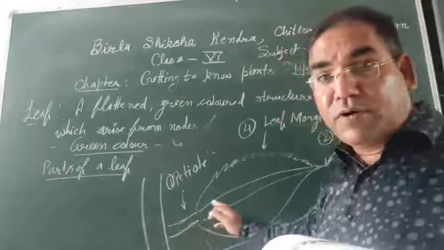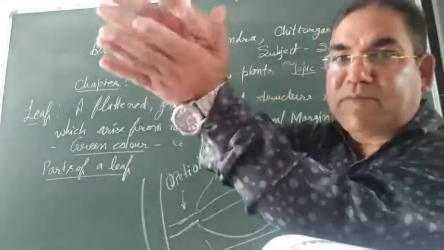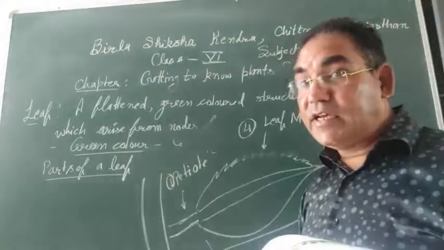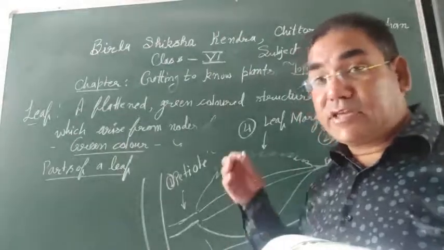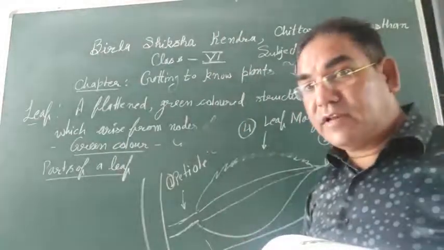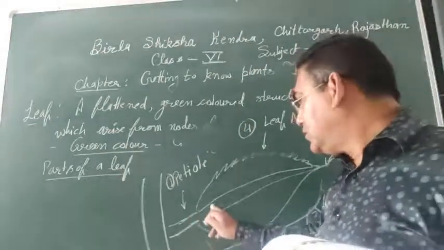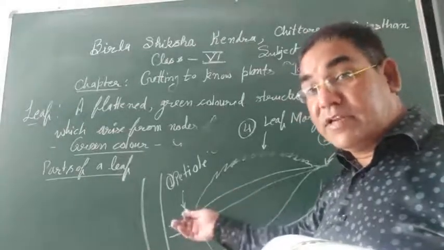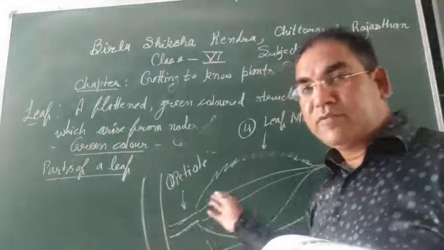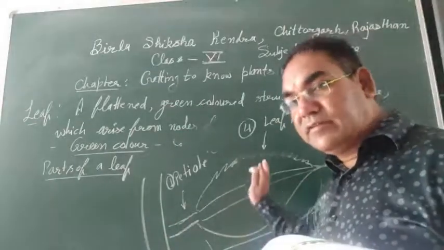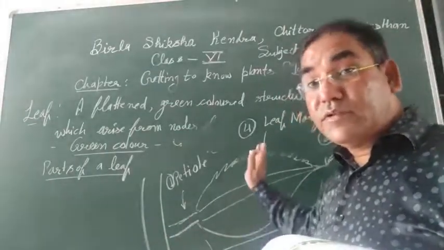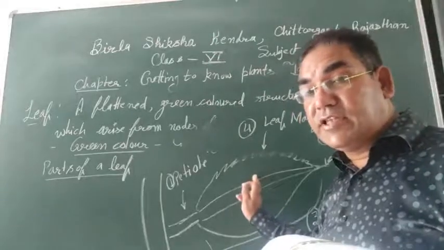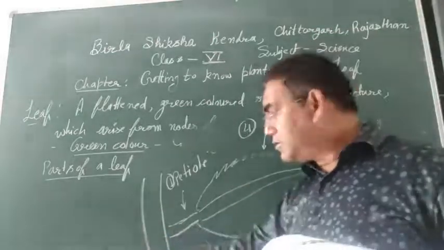Now you are looking over here. There is a broad, thick pipeline-like vessel which transports water and minerals from stem to leaf, and also transports food material which is synthesized in the leaf to different parts.